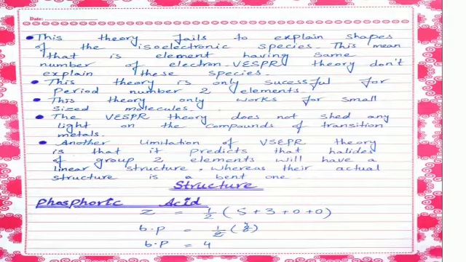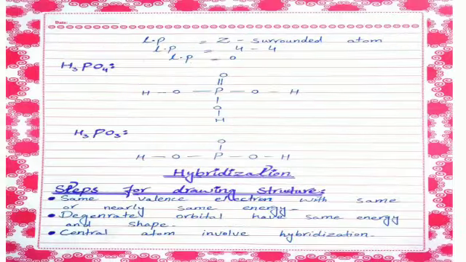Then BP, the bond pair, is equal to 1/2 into 8, so BP is equal to 4. We obtain the bond pair. Next, lone pair is equal to Z minus surrounded atoms. Here Z is 4 and surrounded atoms is 4, so lone pair is equal to 0.